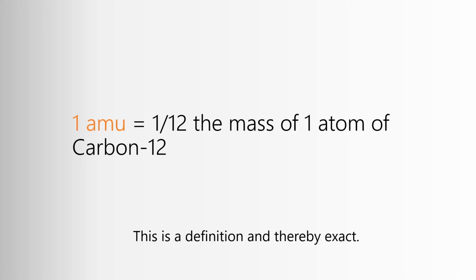1 AMU is exactly 1/12 the mass of one atom of carbon-12. By the way, exact definition. Note, 1/12 the mass of one atom of carbon-12. Carbon-12 is going to have 6 protons, because it's carbon, that's how many you have, and 6 neutrons, because it's 12 total. Subtract the 6 for protons, you're left with the number of neutrons. So 12 minus 6 gives you 6.